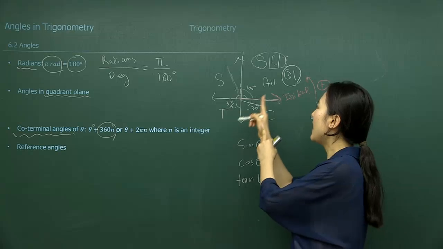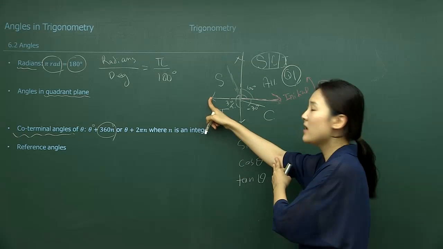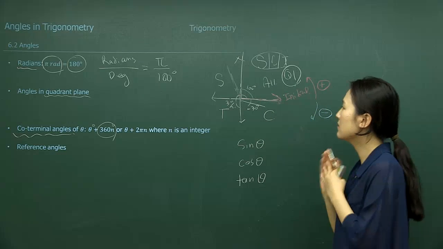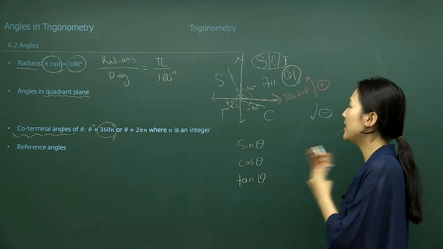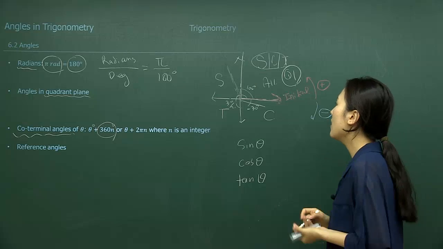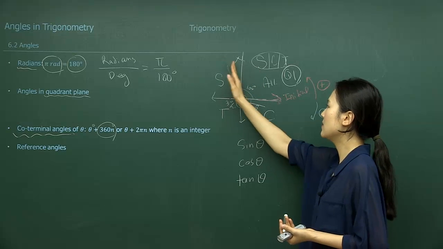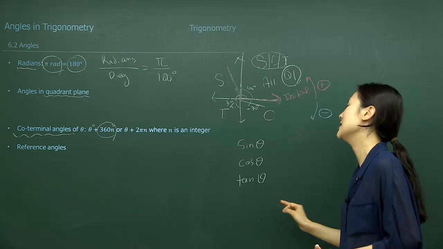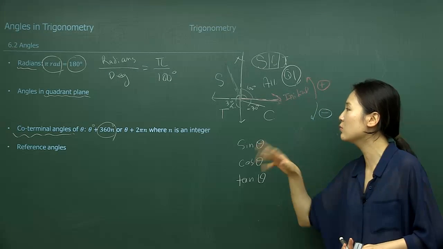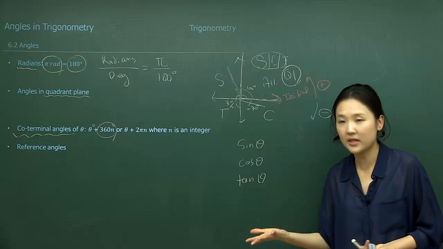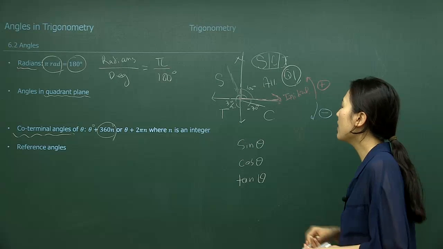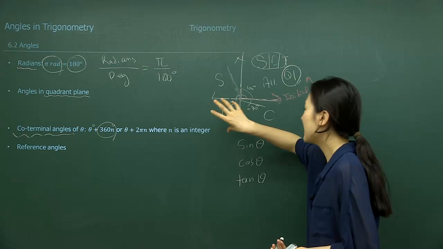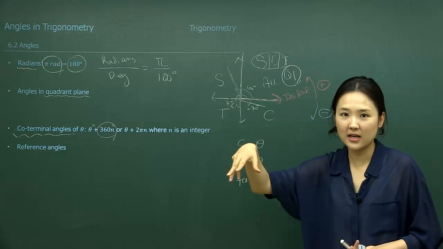If your angle lies from half pi to pi, so from 90 to 180, then the only ratio that stays positive is sine. So if you are plugging in 100 degrees, sine will stay positive, but cosine or tangent of 100 degrees will give you a negative ratio. Anything between 180 and 270 will keep tangent positive, but the rest negative.